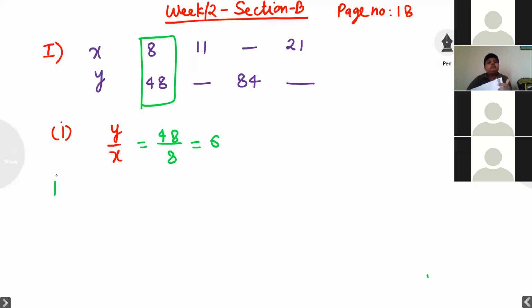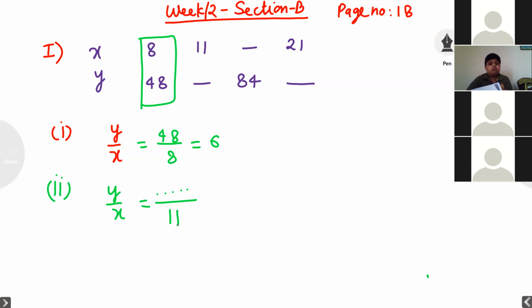Now I am talking about the second case. I want to apply the same formula, Y by X. But what is the value of Y? We don't know. I will write blank, because the value of Y we don't know. The value of X he has given, 11. Now tell me students, in this 11, which number will I multiply?